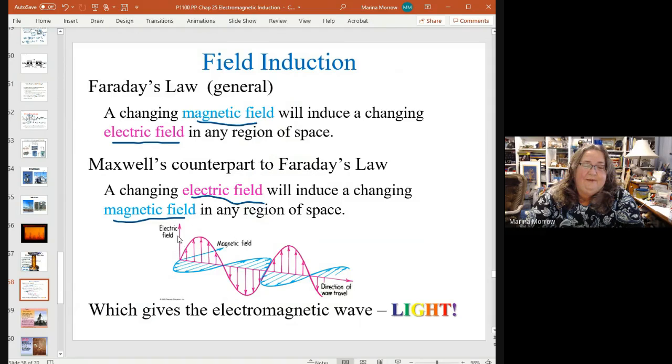So let's say you've got a radio antenna over here where the electrons are being forced to go up and down, up and down. That will produce a changing electric field. That's what the pink is, or that's what's producing that moving of the electrons. And that corresponds with a magnetic field, the blue, that's being produced at the same time.